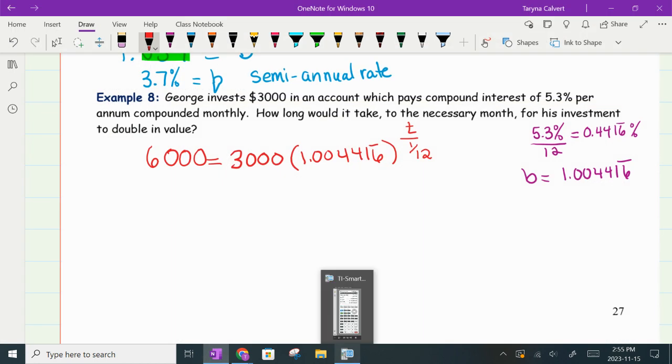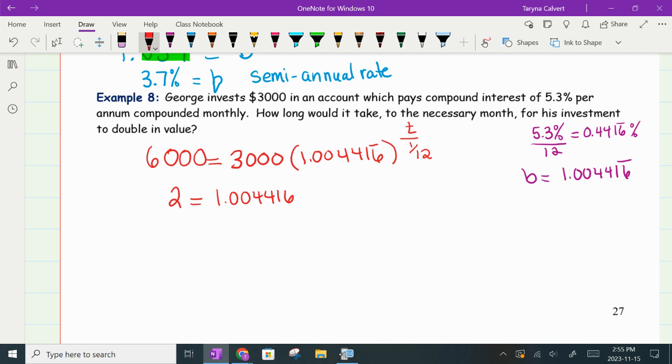So you guys go ahead and solve it. I'll solve it as well. So we divide the 3,000 off. If I go T divided by 1 over 12, guys, is that just 12T? Yes.